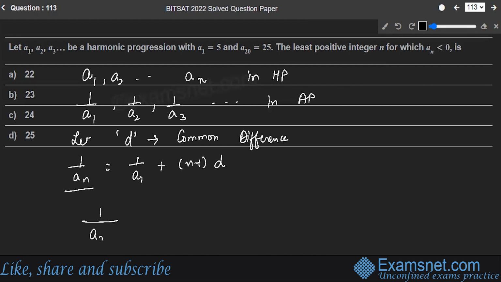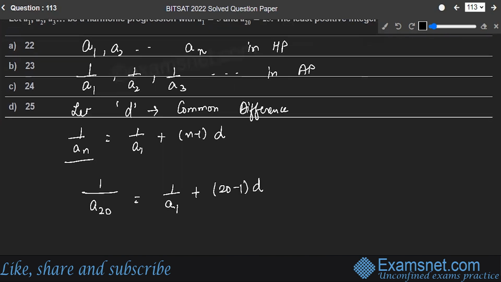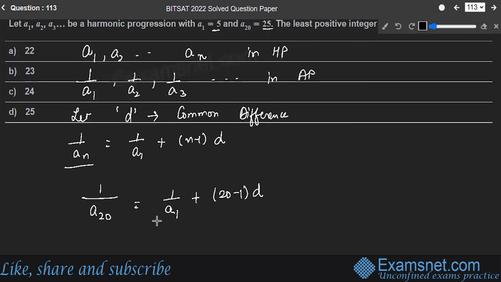Or you have 1 upon a20 is equal to 1 upon a1 plus 20 minus 1 into d, right? And a1 is 5 and a20 is 25.